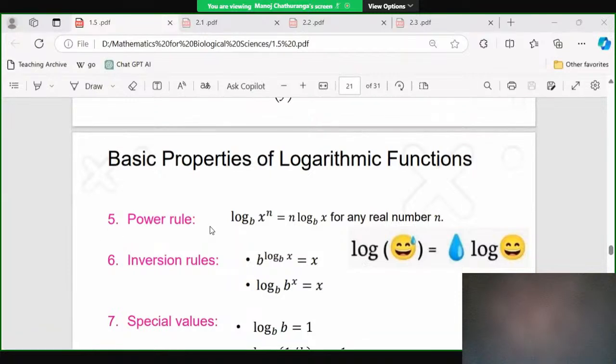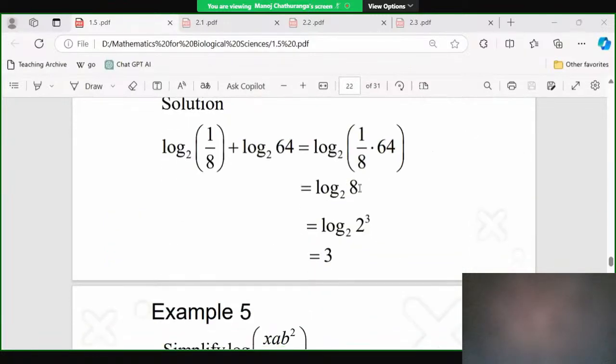We can see it from this power rule: log base b of x to the power n is n times log base b of x for any number n. And we also have log base b of b equals 1. So using those two rules, log base 2 of 2 to the power 3 is simply 3.